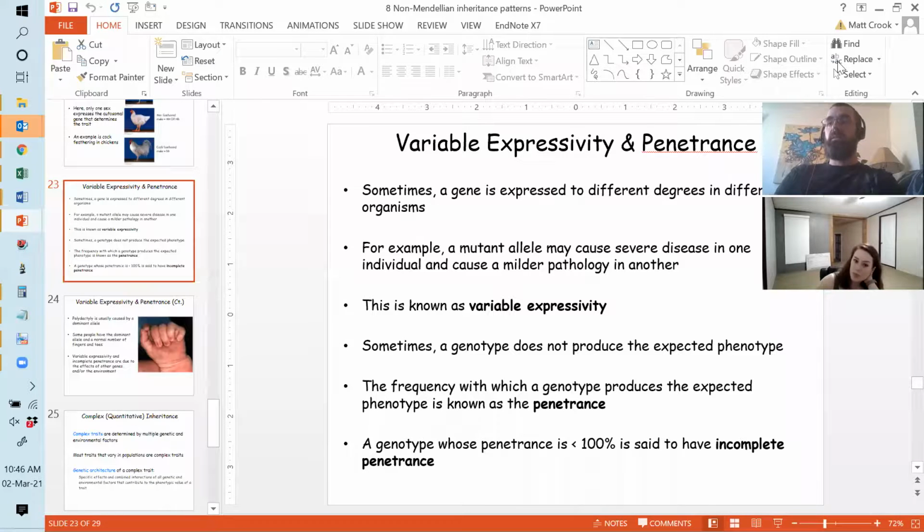In the meantime, oh, hang on, sorry, Rose, I didn't see that question. Yeah, so if you carry the genotype for a disease, let's say a homozygous recessive genotype, which normally would result in disease, but you don't have it, that disease would be said to have incomplete penetrance, right? Because even though you have the genotype, you don't express the phenotype.